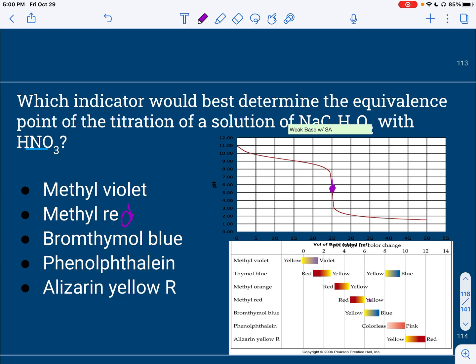So, yeah, one of these two. Probably more methyl red, right? Because we're around 5. Yeah, we're probably going to pick methyl red. So we would go with methyl red for this one.